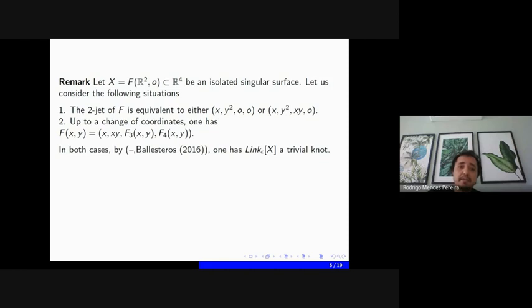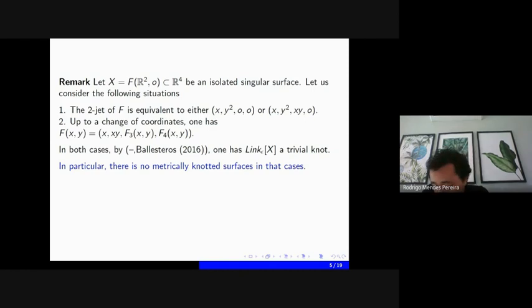In both cases, by work of me and Ballesteros in 2016, the link is always trivial. We do not have a knotted surface in this case. So in particular, there is no metrically knotted surface in that case.